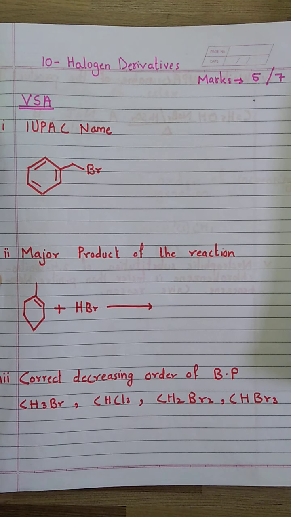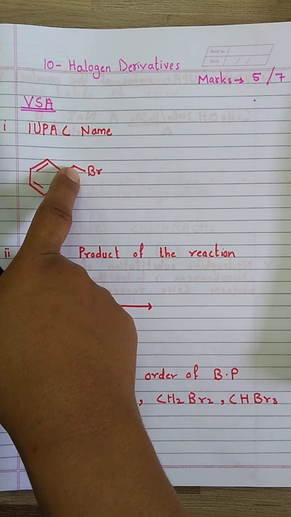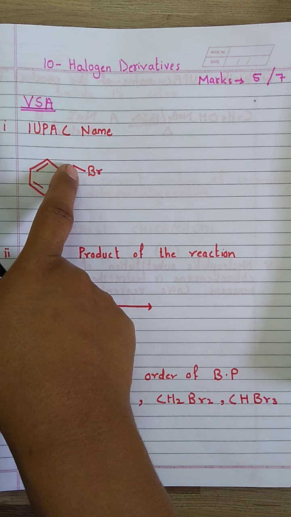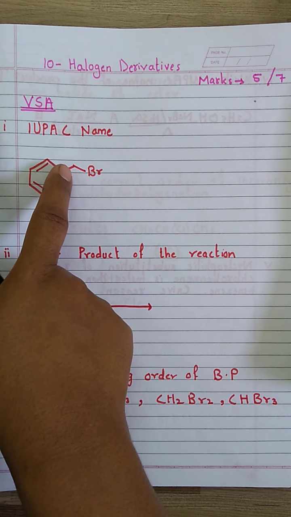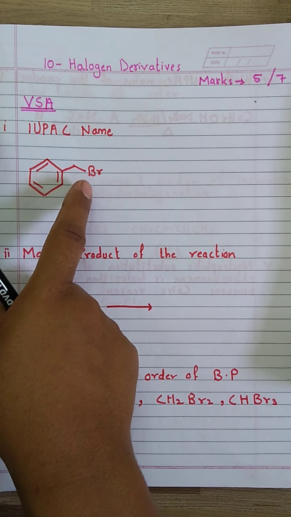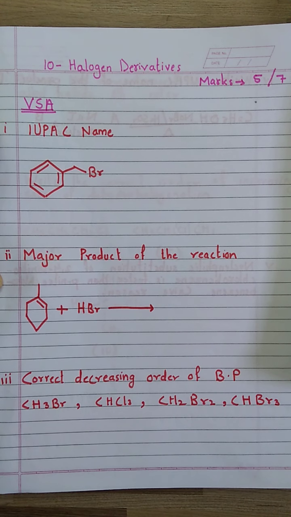So we are going to call it a derivative of alkane. This is your one carbon, which will give the parent name methane. And bromine and phenyl group are the substituents attached to your alkane.